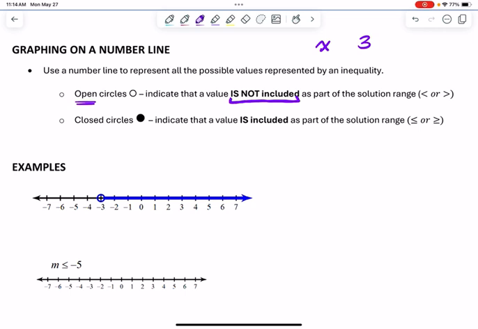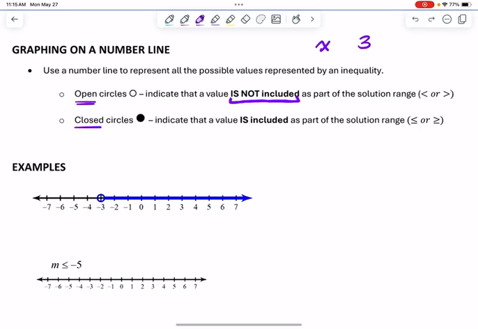That means that the value of 3, in my example that I've made up here, will not be allowed to be taken on. I will see an open circle when I use a less than or greater than symbol, because x itself cannot be 3 if it's less than 3, and x itself cannot be 3 if it's greater than 3. So the type of inequality symbol will help dictate the type of circle I use.